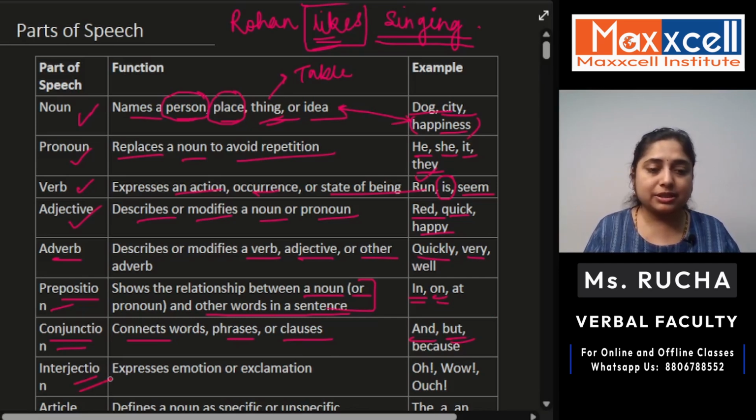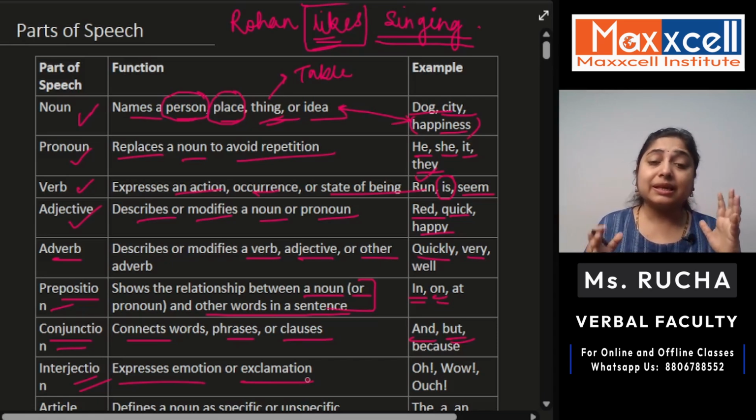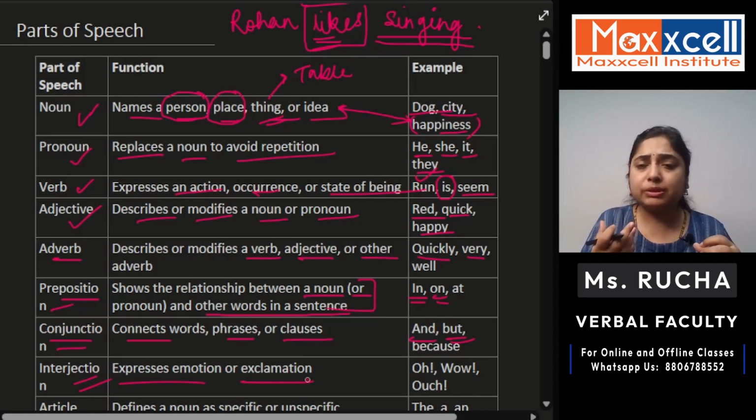Interjection. Interjection is usually ignored, but whenever we want to express emotion, right? Like extreme emotions, like oh, wow, ouch. Now these are called as interjections. Interjections means exclamation. When do you put exclamation? When the word that you want to emphasize on is coming out with extreme emotion.